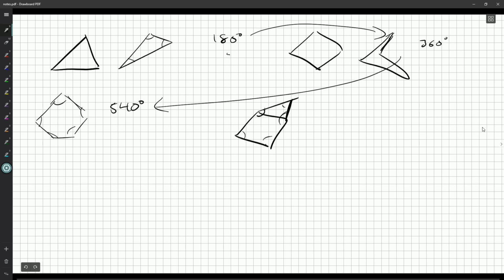Now for a regular polygon, all the angles are the same and all the side lengths are the same. What's the interior angle? For a triangle, you would take 180 degrees and divide by 3, and for 360 degrees, you'd divide by 4. So the equilateral triangle's interior angle is always 60 degrees, a square 90 degrees. For a regular pentagon, like the one in the question, 540 divided by 5 is 108 degrees.